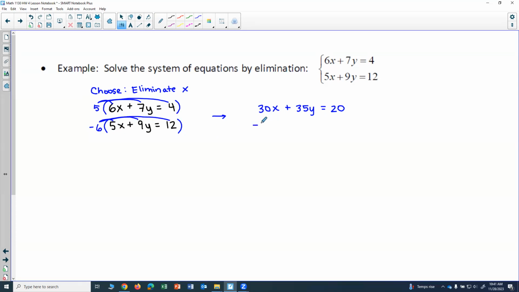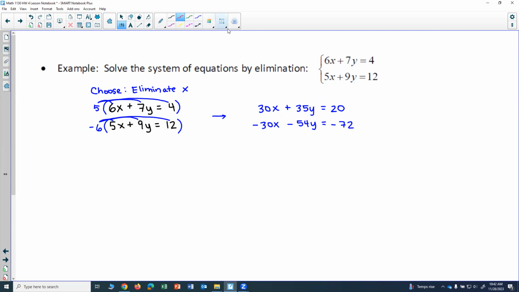So I'll end up with -30x. -6 times +9 would give me a -54y. And then -6 times 12 will give me a negative, and that would be -72.